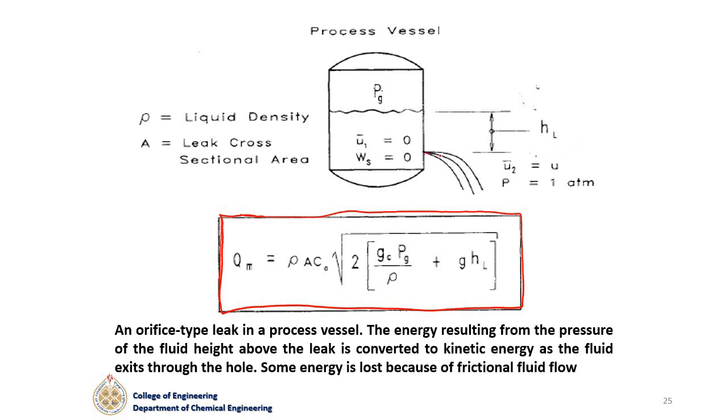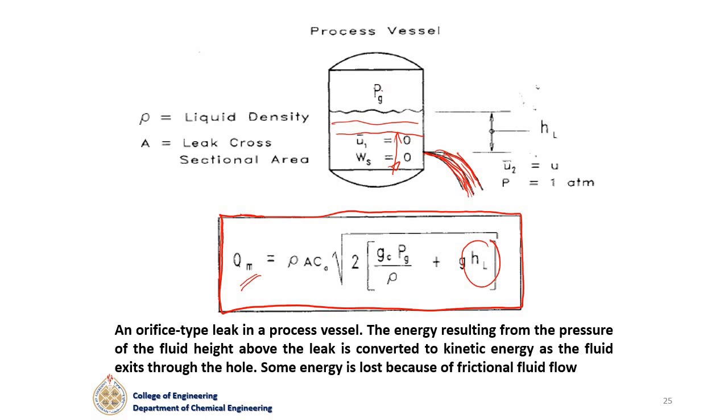But the problem here is that when you have a spill, the height is going down. As the height goes lower, you have less head pressure and you have less spill. That means the Qm here will be changing depending on the height.